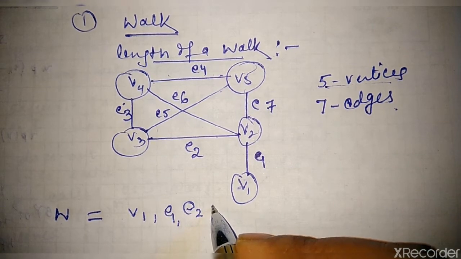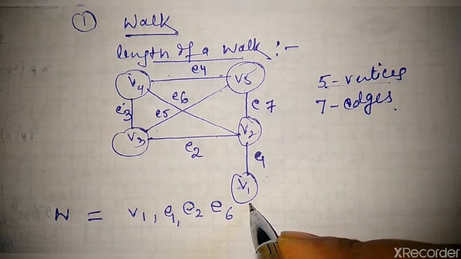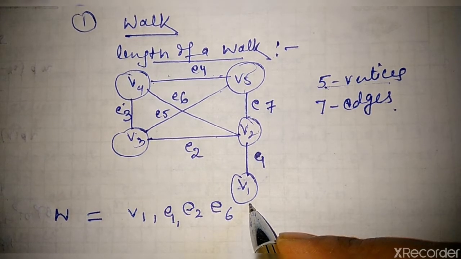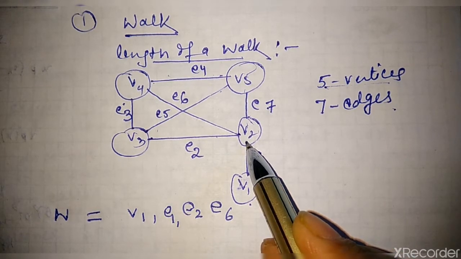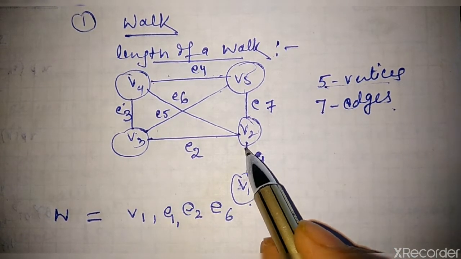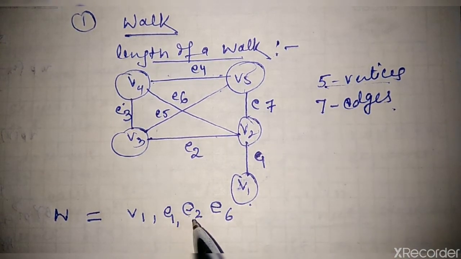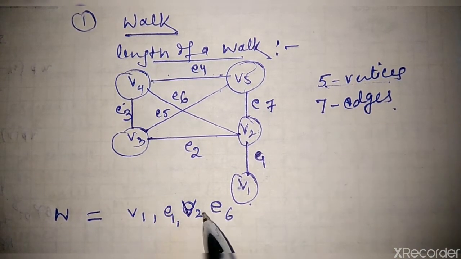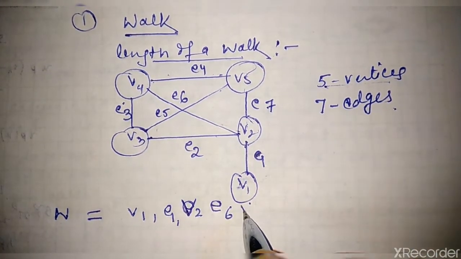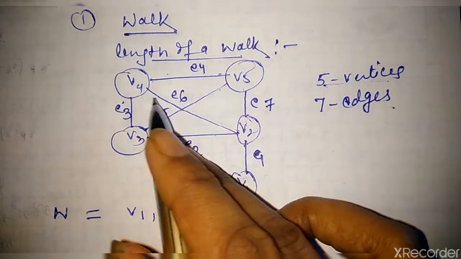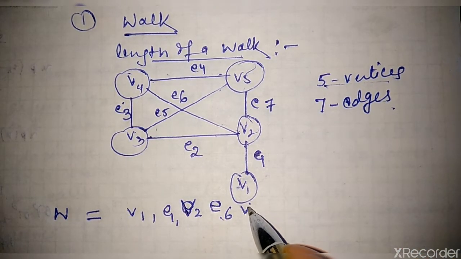So we start from V1, go by E1, and then we move to V2. From V2 we will reach V4. How can we reach V4? By the E6 edge. So I have written E6, then V4.